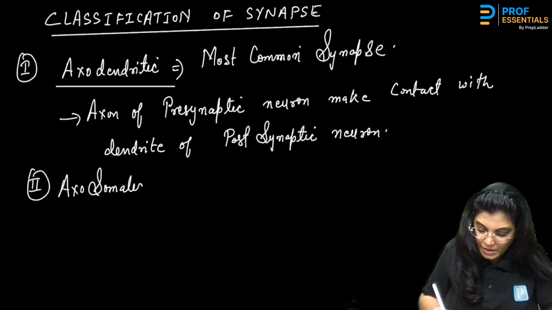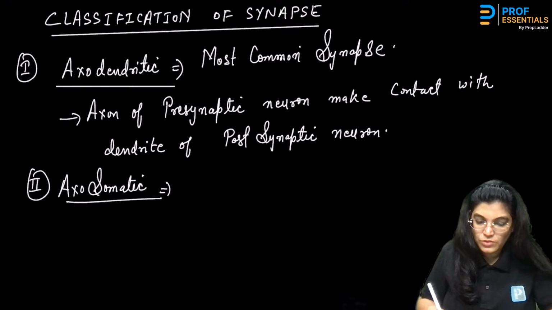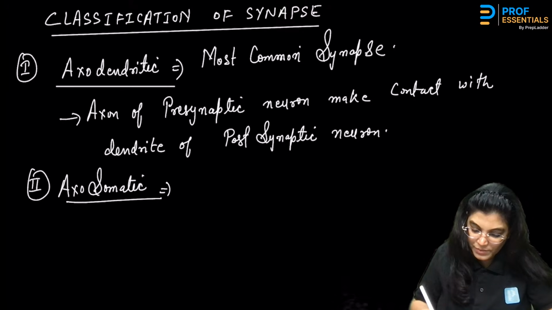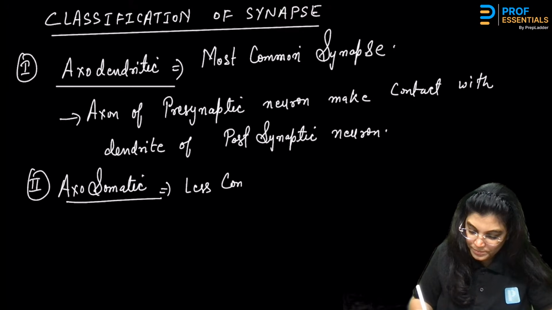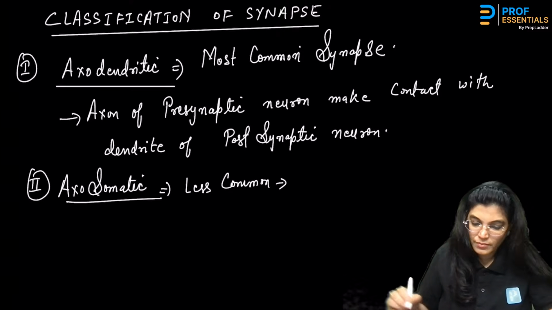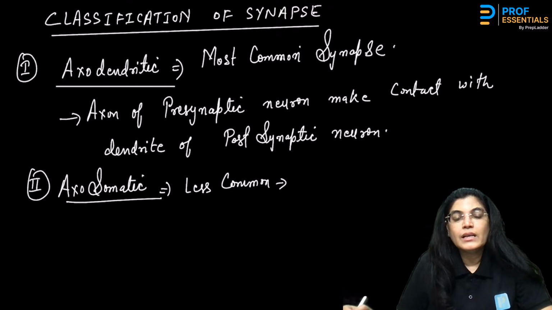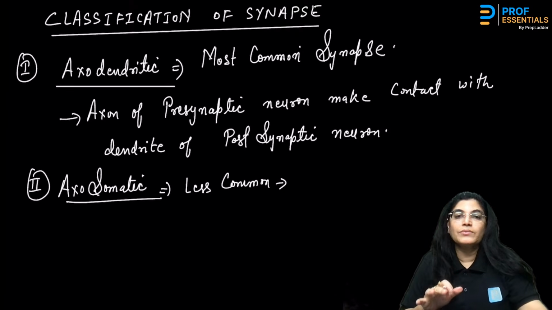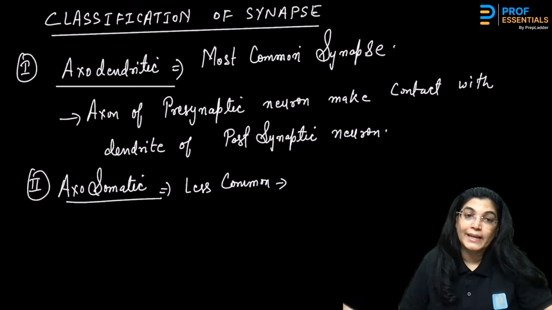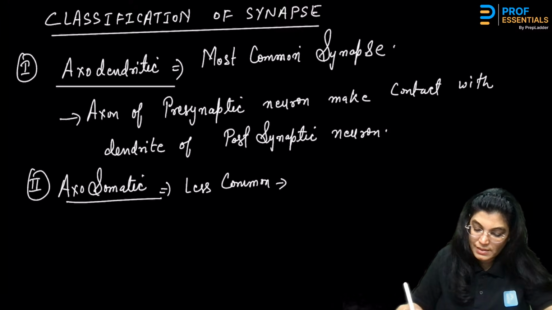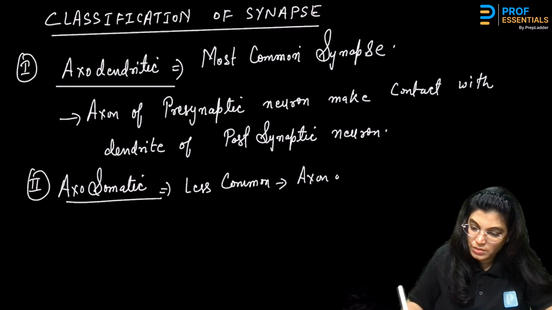Now coming to the second variety, which is exosomatic. If you remember the name, you can understand. Exosomatic is also a less common type. Here the axon terminal of the presynaptic neuron comes in contact with the cell body of the postsynaptic neuron.